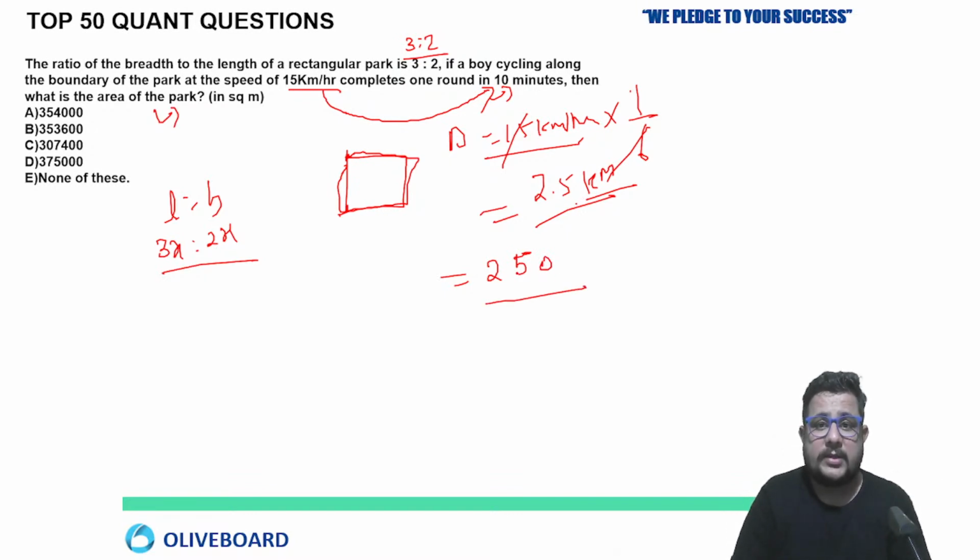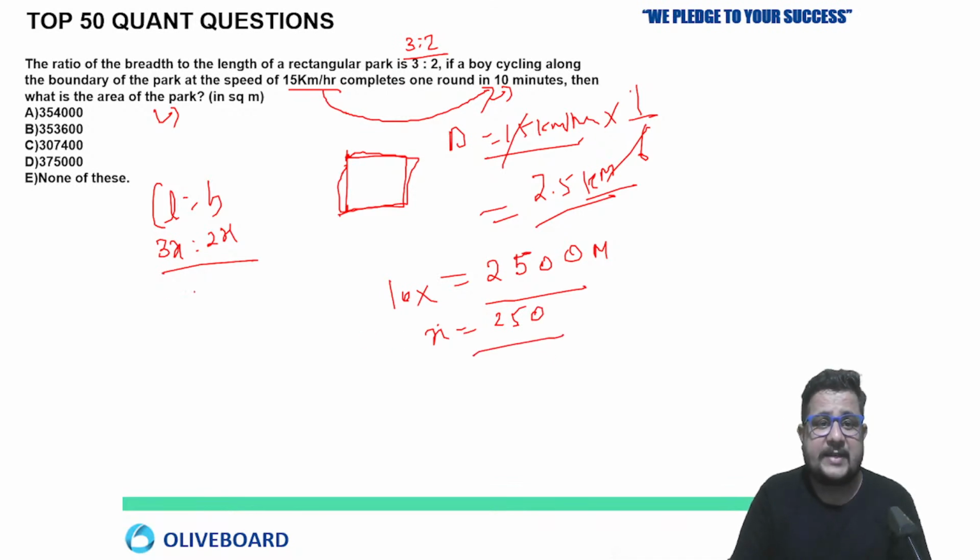To convert 2.5 kilometers into meters, you have to multiply by 1000, so 2500 meters. Clear? The perimeter is twice the length plus breadth, so 3x plus 2x, just double this. So 5x into 2 means 10x equal to 2500. So x is equal to 250.